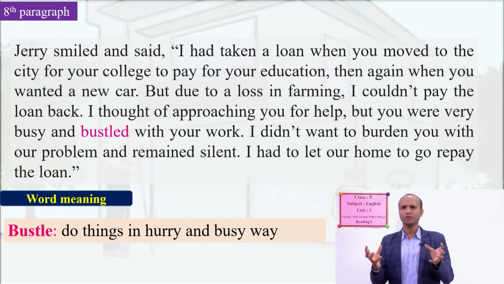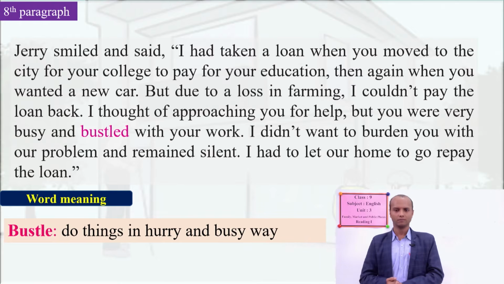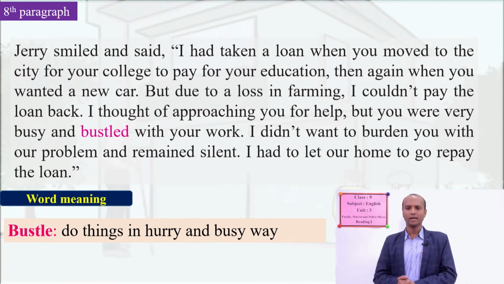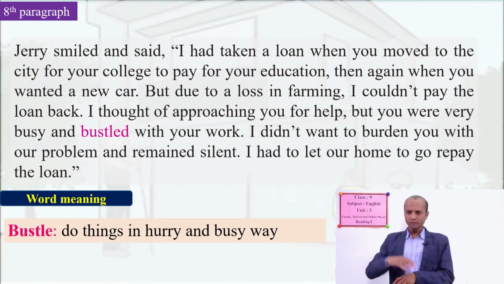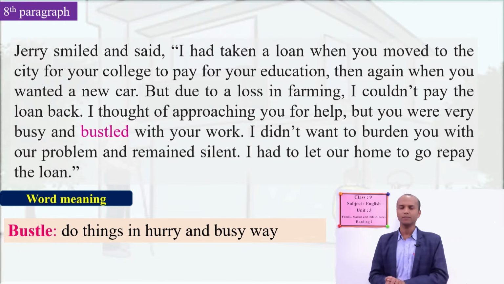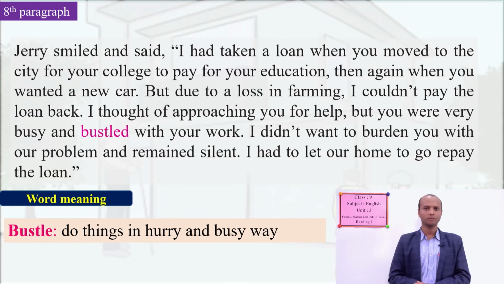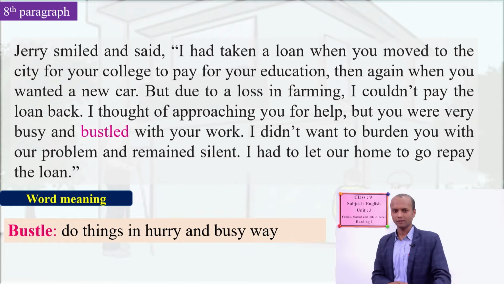But he could not produce a lot in his farm, and he could not pay the loan back. That's why he had to sell his properties. And he went to the city in order to ask for help from his son, but the son was quite busy and he had to return back without saying a word. That is what is given there in the 8th paragraph.